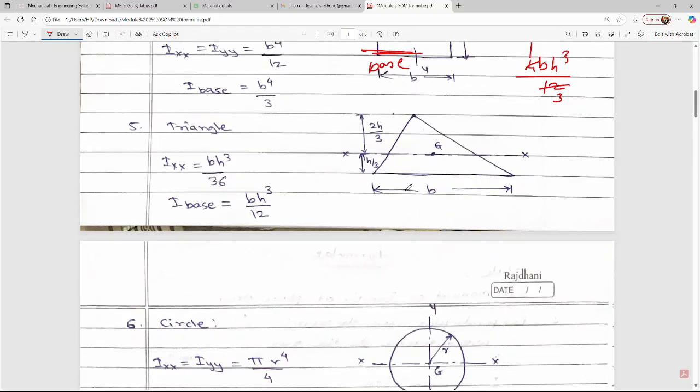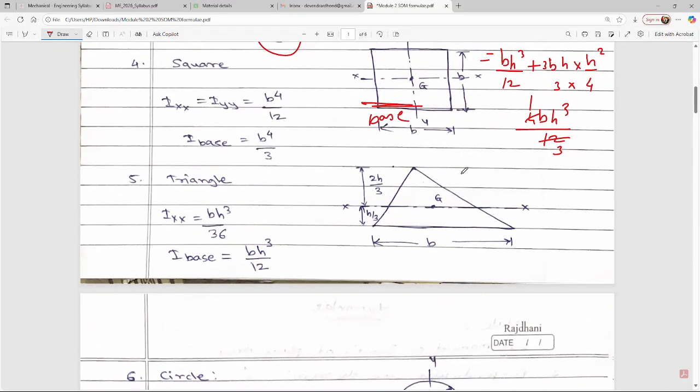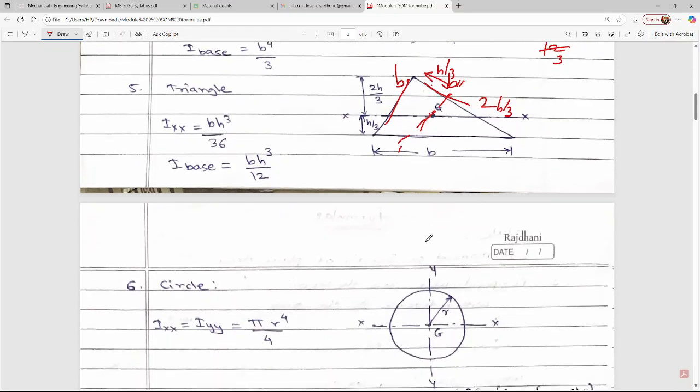Here there is no IYY because when you have to take this axis, you have to take this b and here the axis will be h by 3, then here will be 2h by 3.